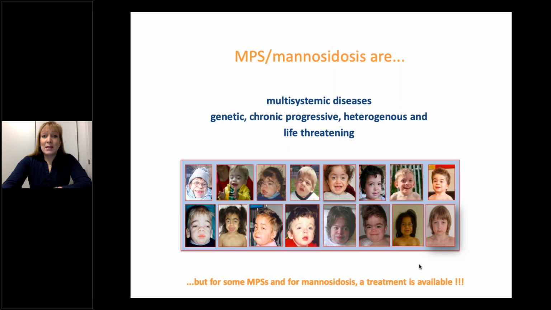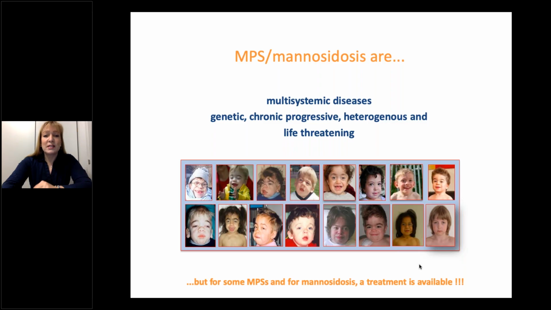To describe MPS and mannosidosis very roughly, it is a multisystemic disease. It is a genetic disease. It is chronic progressive. This is an important fact to take into consideration if you deal with these children. The appearance is extremely heterogeneous and it is life-threatening.